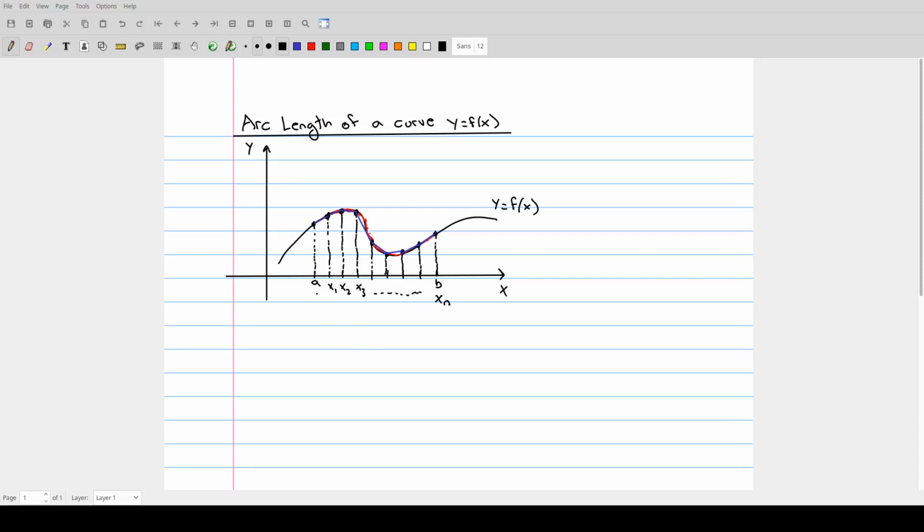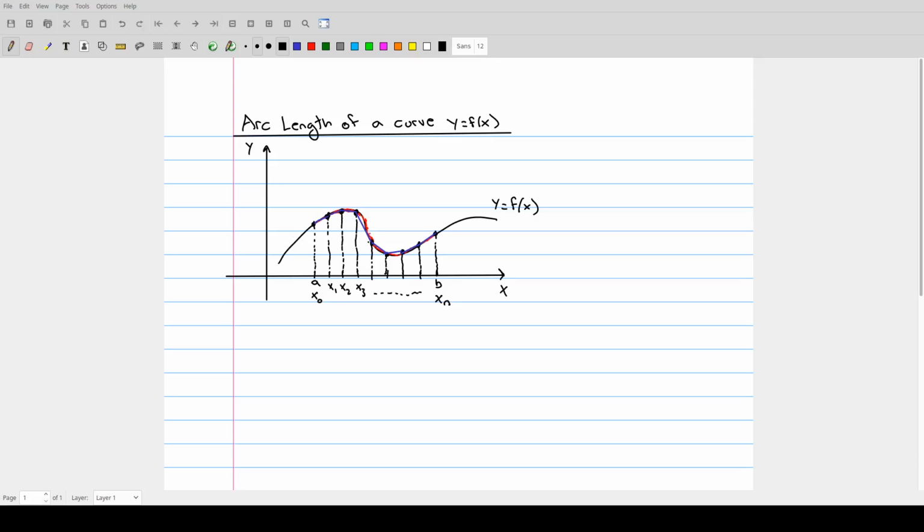We call the first point in our partition x0. So really, the partition is made up of all of these different subsegments, just like we did with our Riemann sums, and the width of each individual subsegment we can call delta xk.